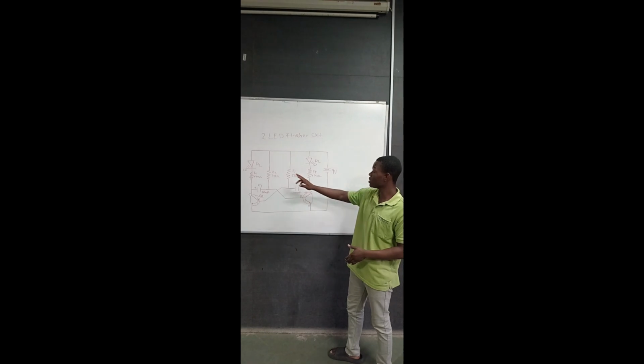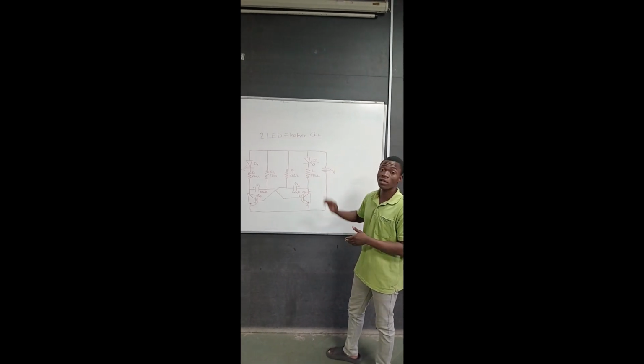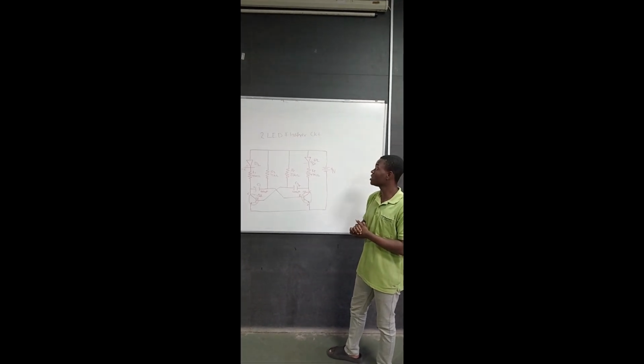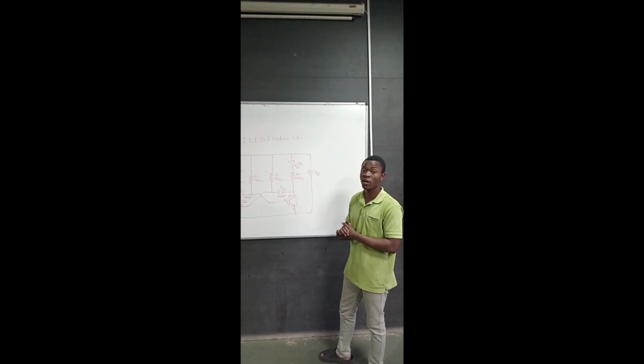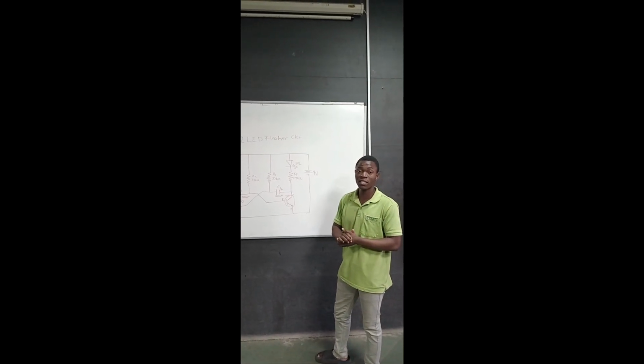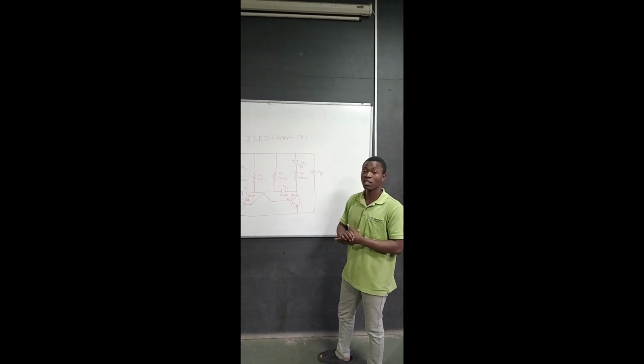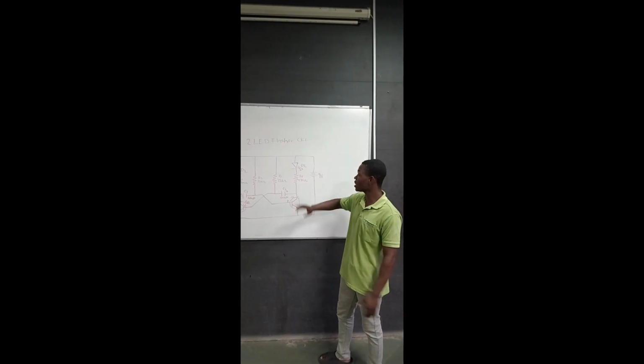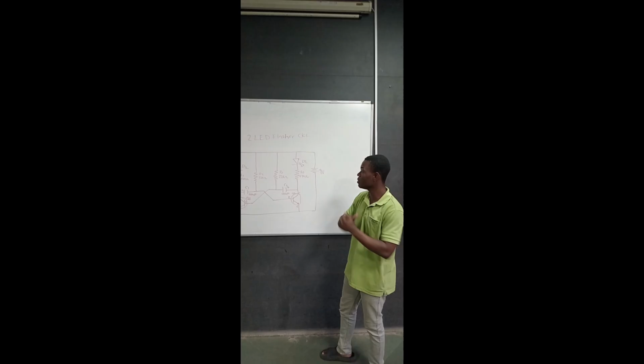Without R1 and R4, our diodes D1 and D2 can receive too much current, which can cause them to overheat and suddenly burn out. So resistors R4 and R1 are very important.